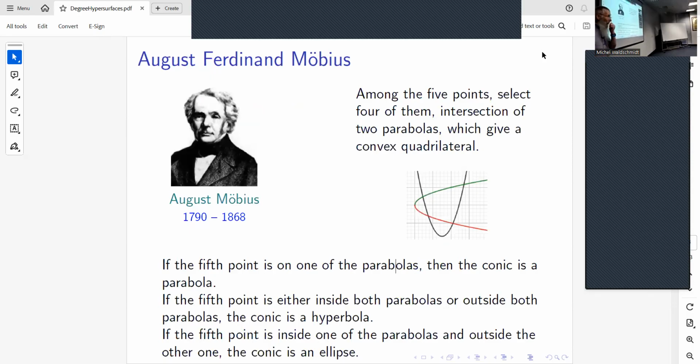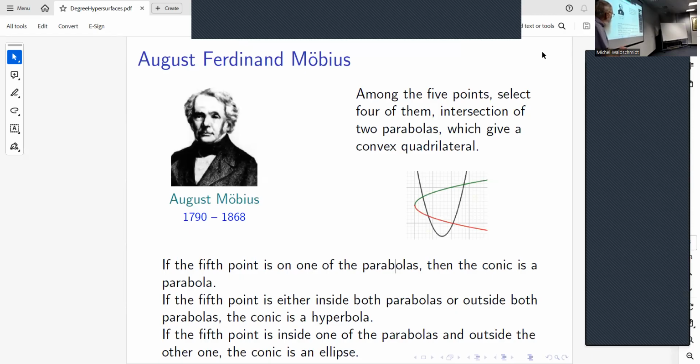We can say more about the conic. We can ask, is it an ellipse, a parabola, or a hyperbola? And Möbius gave the following result. You have 5 points, you take 4 of them. You have the complete quadrilateral, and you have 2 parabolas which go through this quadrilateral. And you look at the 2 parabolas.